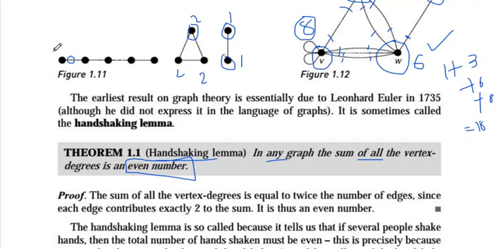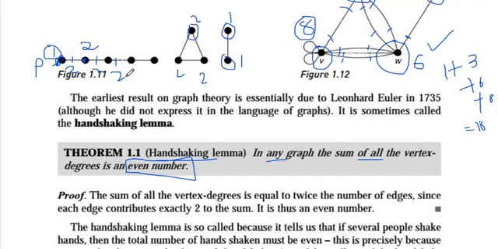For this vertex P, we count this edge 1 time. For this other vertex, we also count this edge only 1 time. So each edge is counted 2 times, once for both of its vertices. So all these edges are counted 2 times.